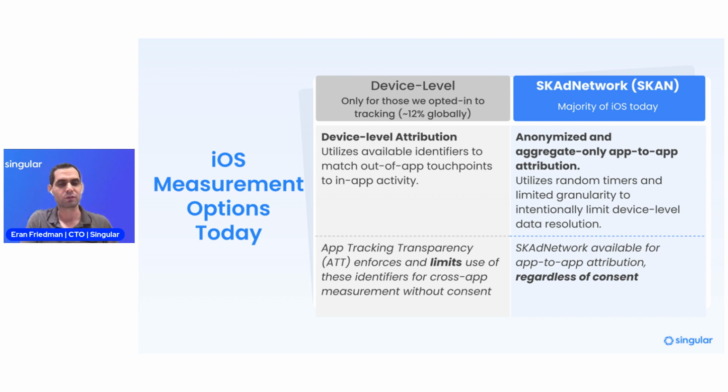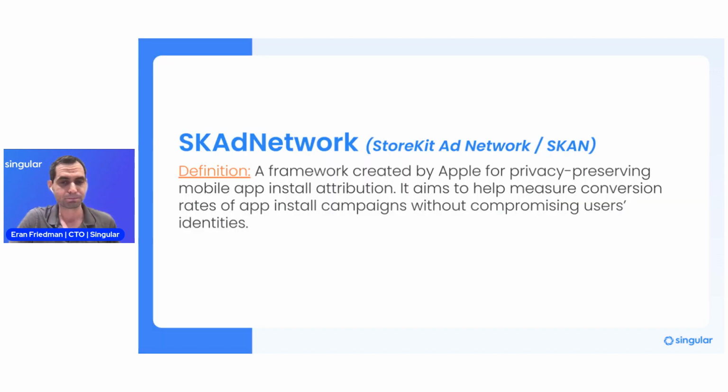So this is huge. It means that you can use SKAdNetwork for all your users, regardless of consent. A big change in the industry has been working towards how to leverage SKAdNetwork with all its challenges to get measurement, because it applies to all your users, which is a major advantage.